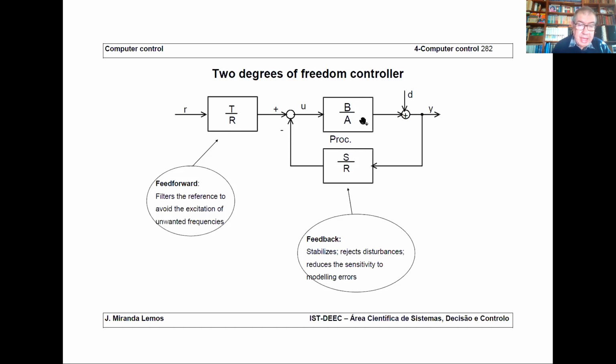Okay, and then you feed back. D is probably some disturbance that affects the output, and you feed back the output, and then this block as well as this block, they are your controller.